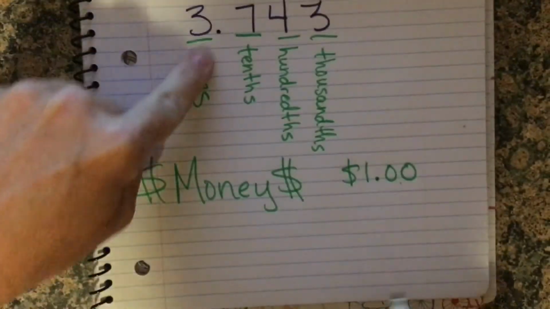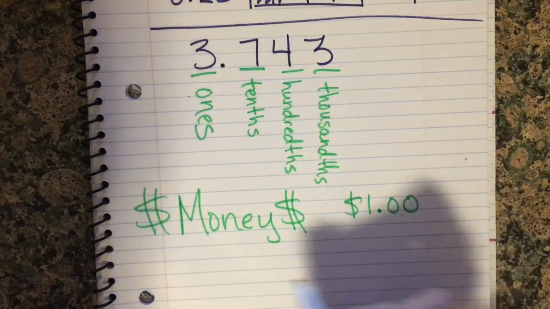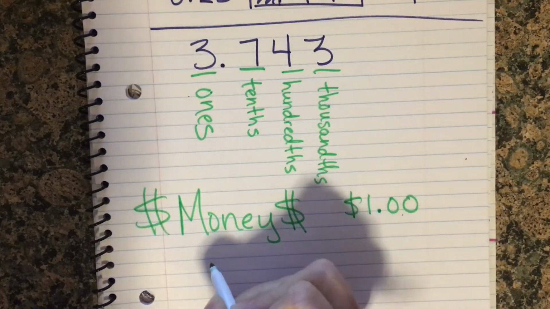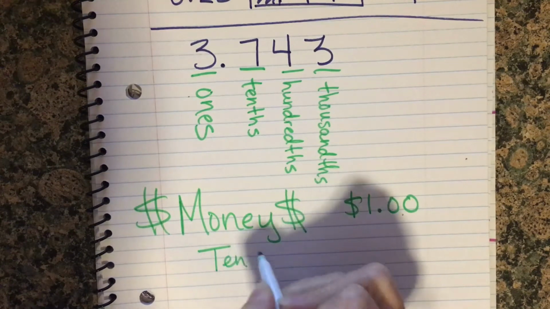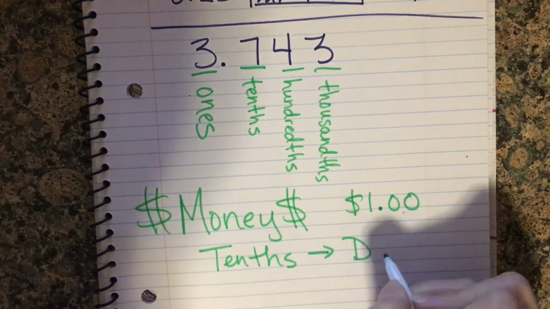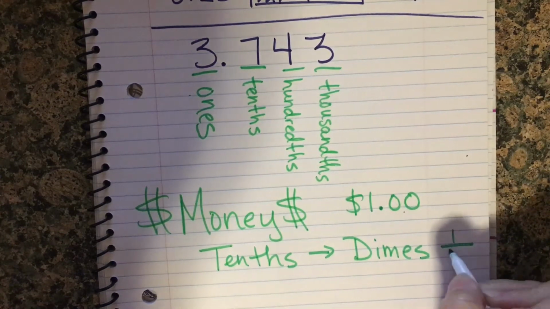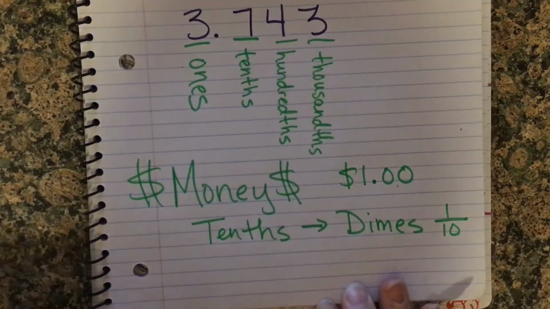So after the ones place, if I move to the tenths, I want you to think about dimes. Dimes represent 1/10 of a dollar.